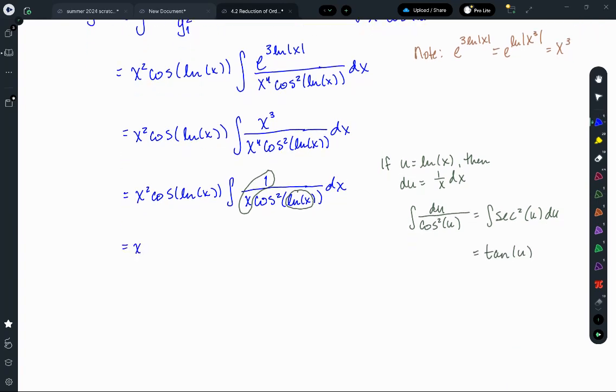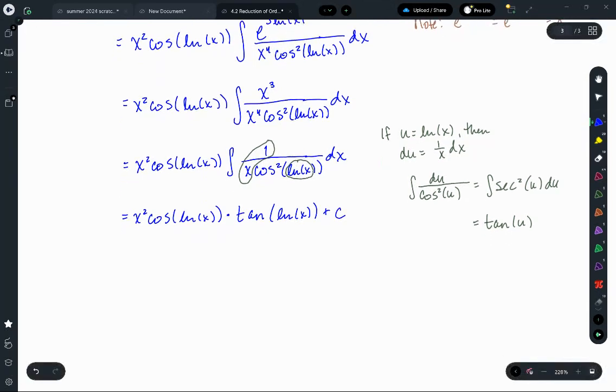Okay, so now I can go back to my work. I still have the x squared, the cosine of ln of x, but my antiderivative is tangent of ln of x. And I have a plus c. I'm not really worried about a plus c, but I'll go ahead and put it. The cosine of ln of x and the tangent of ln of x, those simplify because tangent is sine over cosine, so the cosines will divide out.